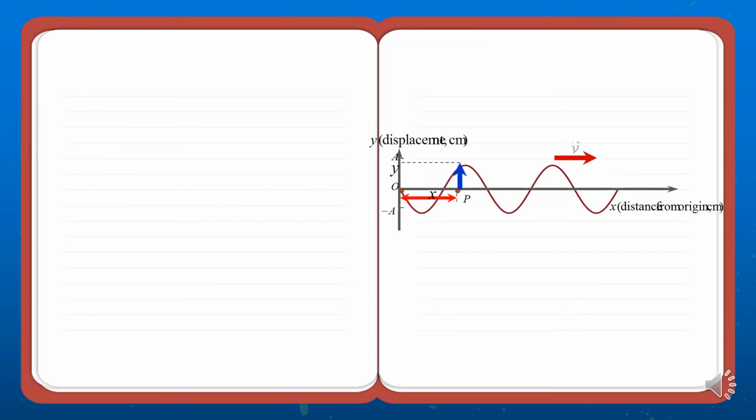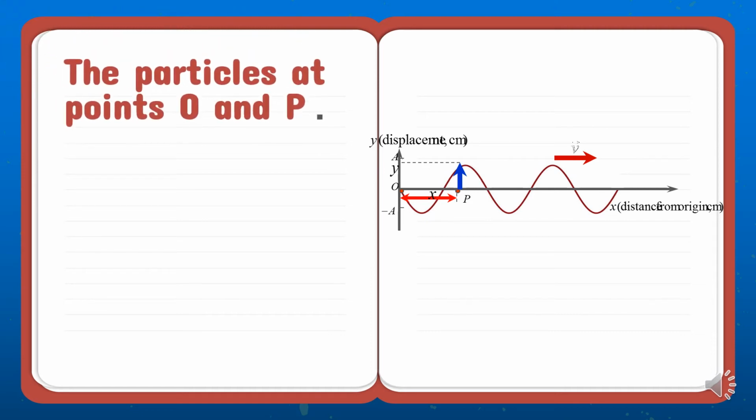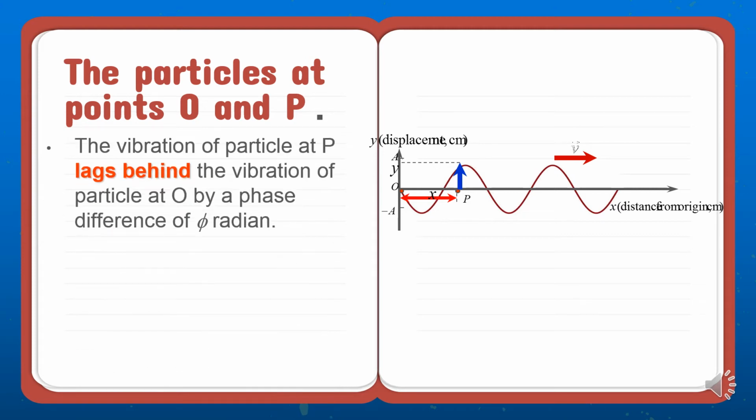This is the graph of displacement against distance. From this graph, consider the particles at points O and P. The vibration of the particle at P lags behind the vibration of the particle at O by a phase difference of phi radian.